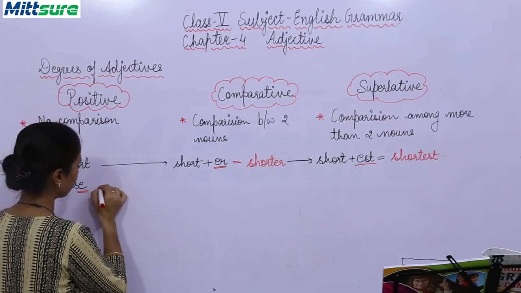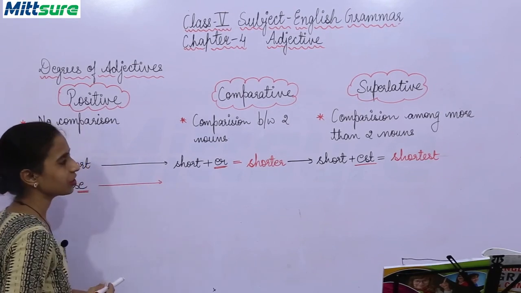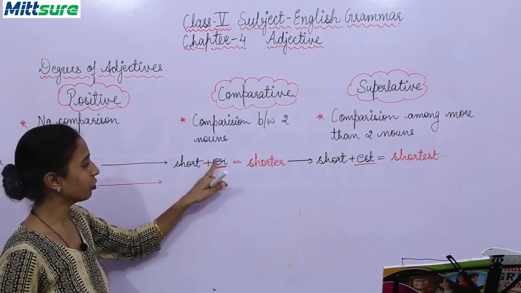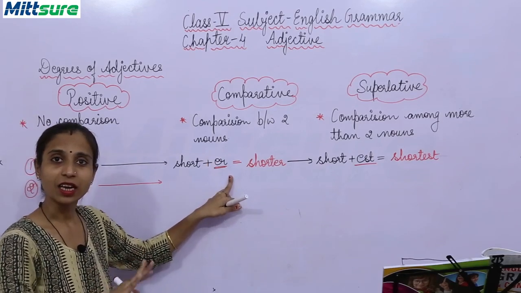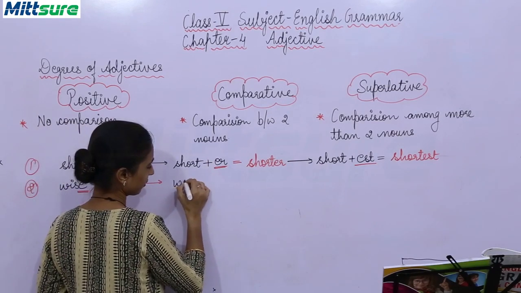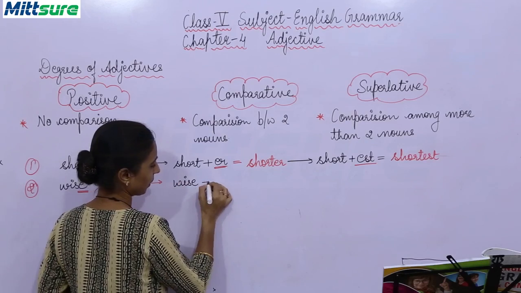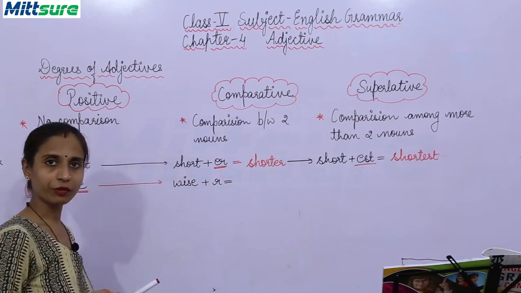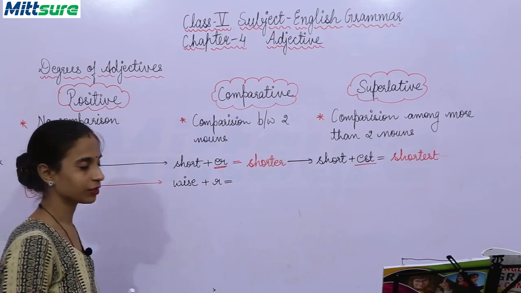Just change the basic rule. Remove e and just add r to it. Wise plus r. What are we going to get? Wiser.